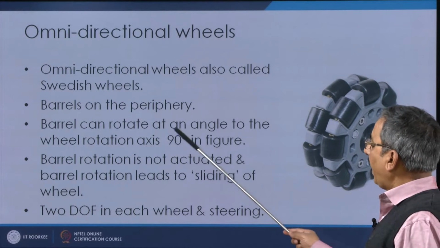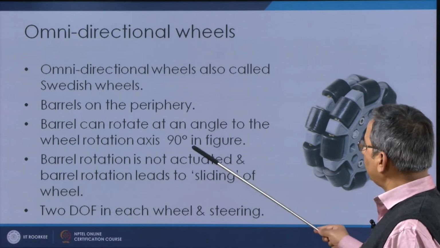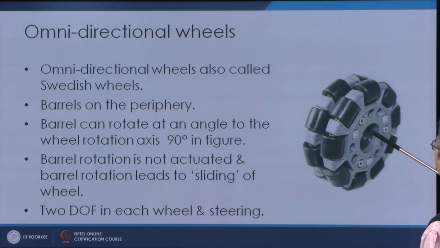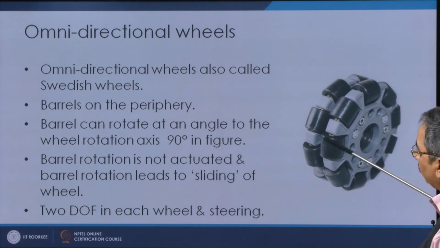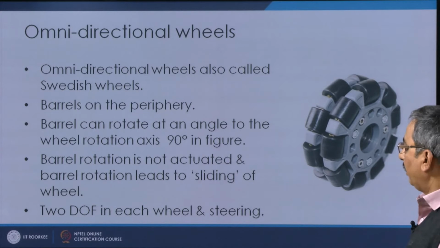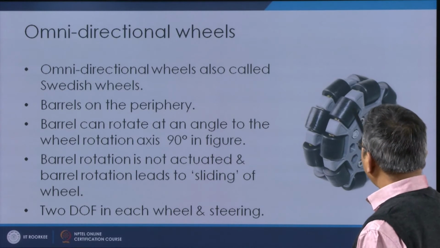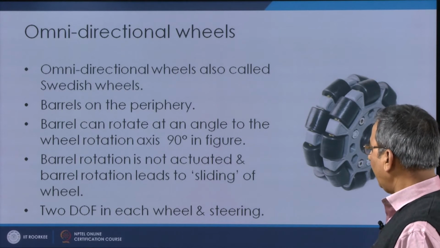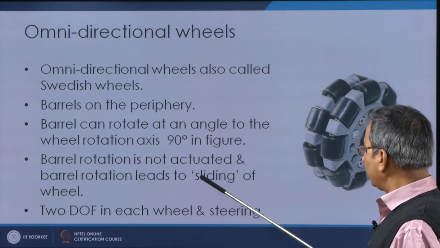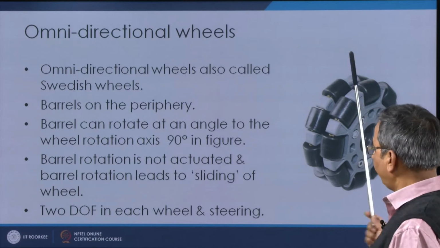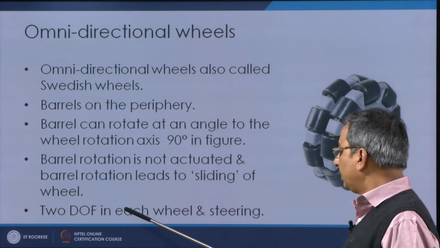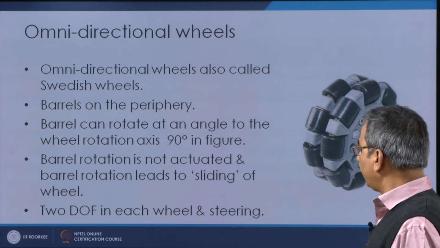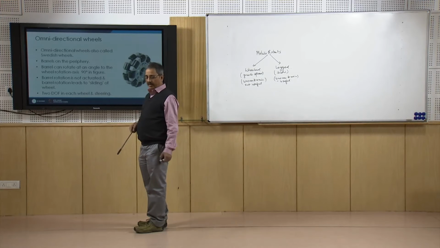So, here the barrel can rotate at an angle to the wheel rotation axis, and you can see that these barrel axes are perpendicular to the wheel rotation axis. Okay. And these barrel rotations are usually not actuated, and barrel rotation leads to the sliding of the wheel. So, here we have 2 degrees of freedom in each wheel, and of course, the steering.